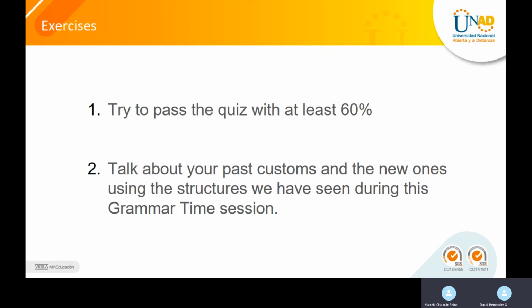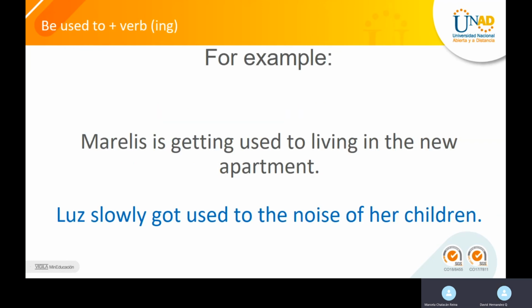In the second sentence, can I say Lucy slowly got used to the noisy of her children? No, because the word noisy would be an adjective. So it has to be a verb with ing.